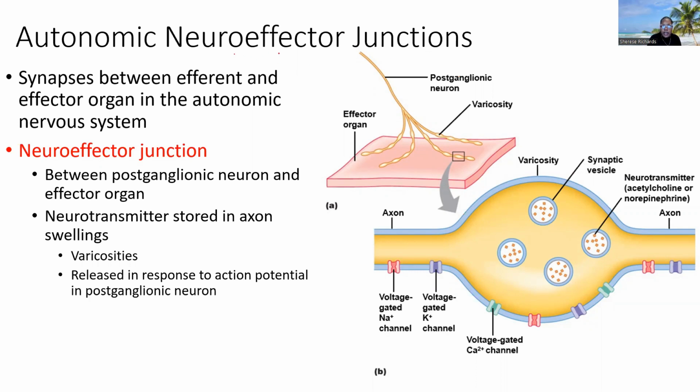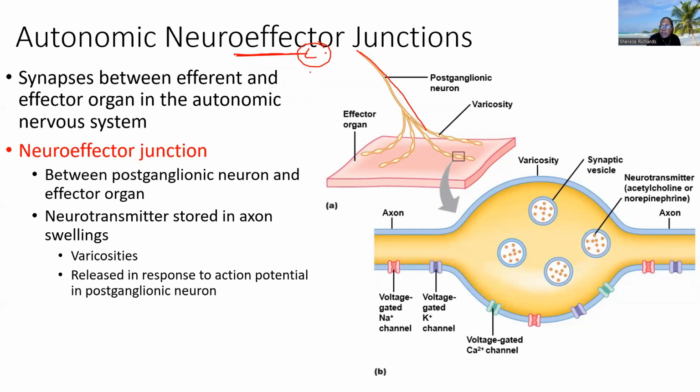We had a preganglionic neuron, and then we had our postganglionic neuron. So the junction between the postganglionic neuron and the tissue in question is going to look very different than the junction between the preganglionic neuron and the postganglionic neuron. This is going to be that ganglia.